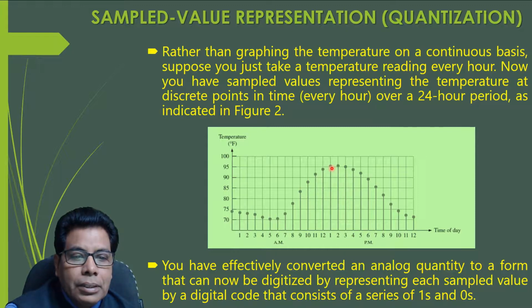This is the sampled value, so we can represent it with a digital code that will have a series of ones and zeros. That is what we mean. So we'll be able to represent this 95 with a series of ones and zeros.